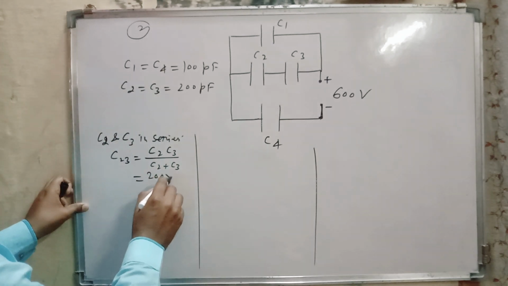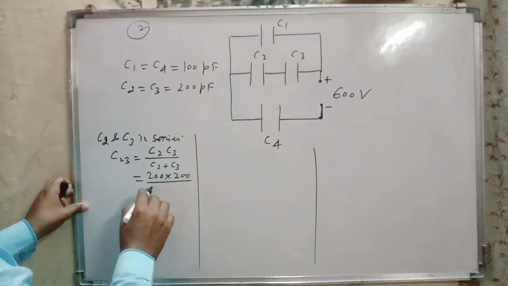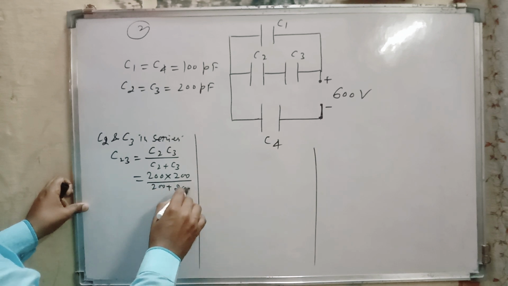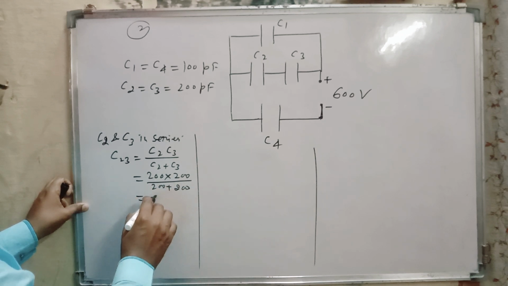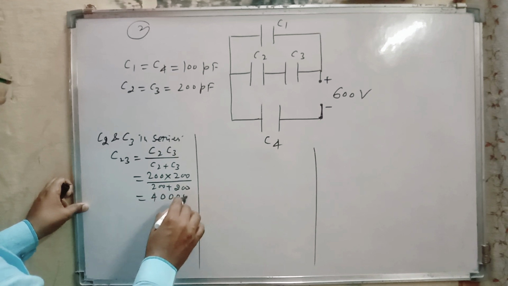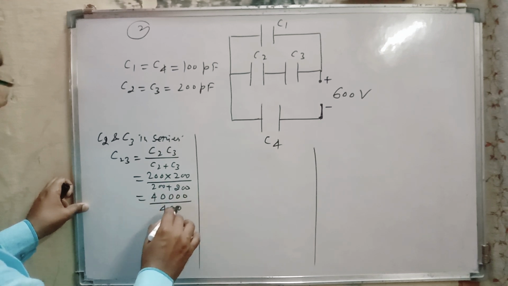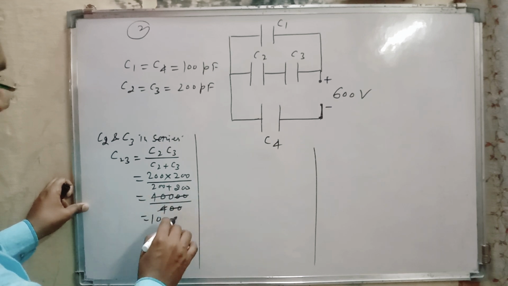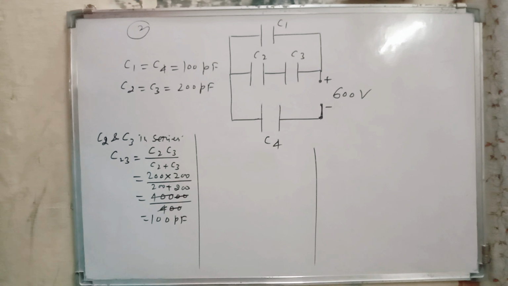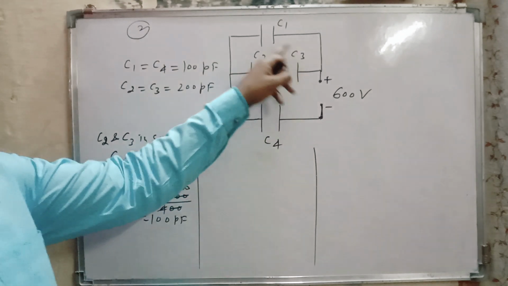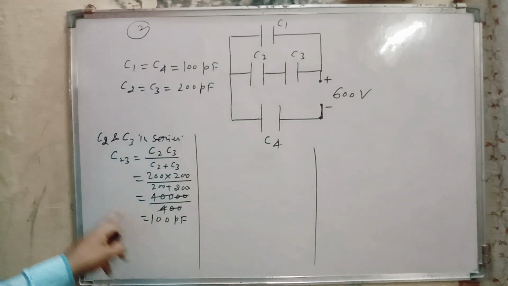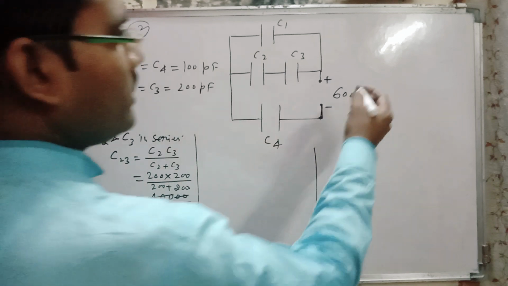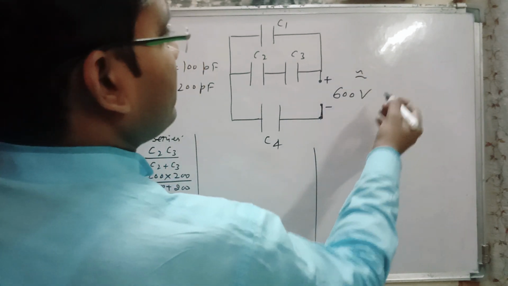That means this one is 200 into 200 and 200 plus 200. That means this one is 40,000 and this one is 400. This cancels, and this is 100 picofarad. That means here it became C23.